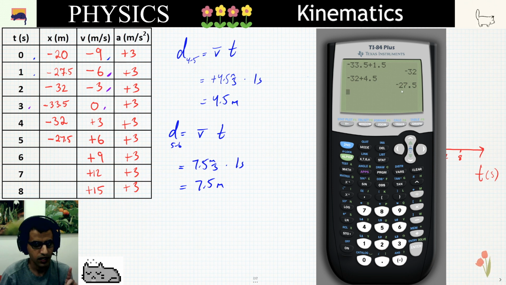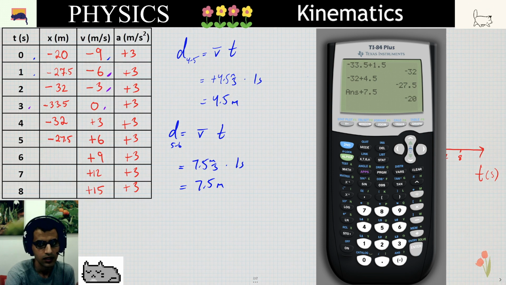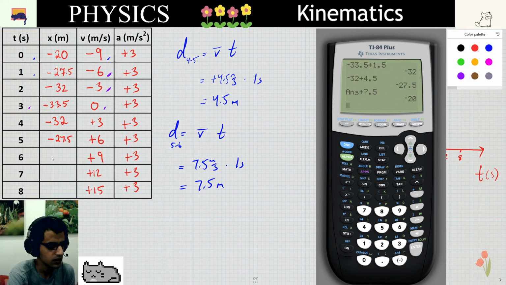So now that I have this as an answer, if you have a graphing calculator, I can just click the plus symbol and it will automatically take that previous answer and I can add to it 7.5. It's a positive displacement and I get negative 20. So I can put negative 20 here.